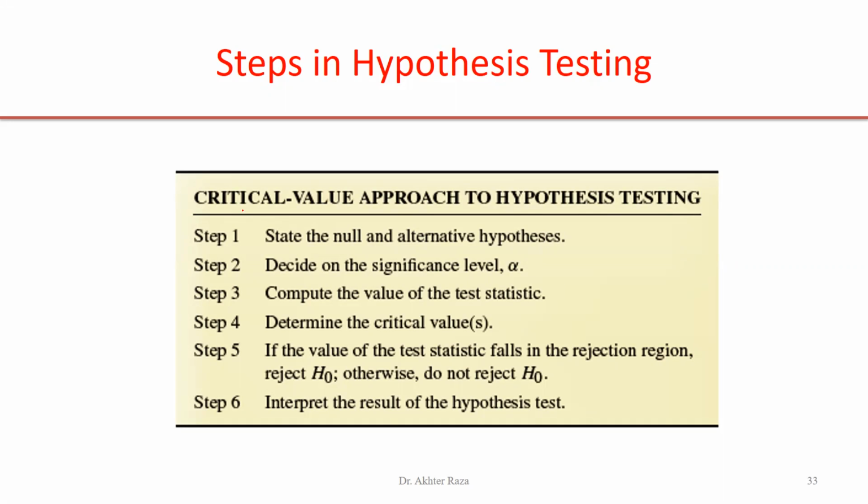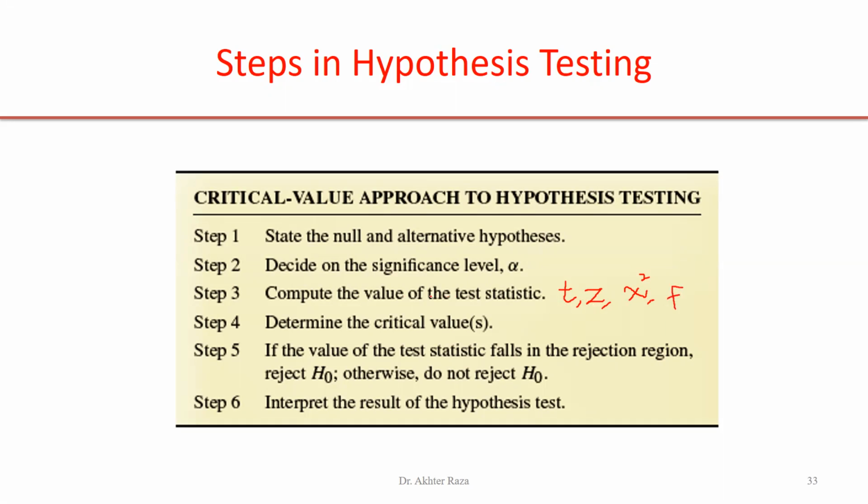Compute the value of test statistics either by t-test or z-test if we are testing the mean. If we are testing the variance, we can use chi-square test, or if we are comparing two variances, we can use f-test.